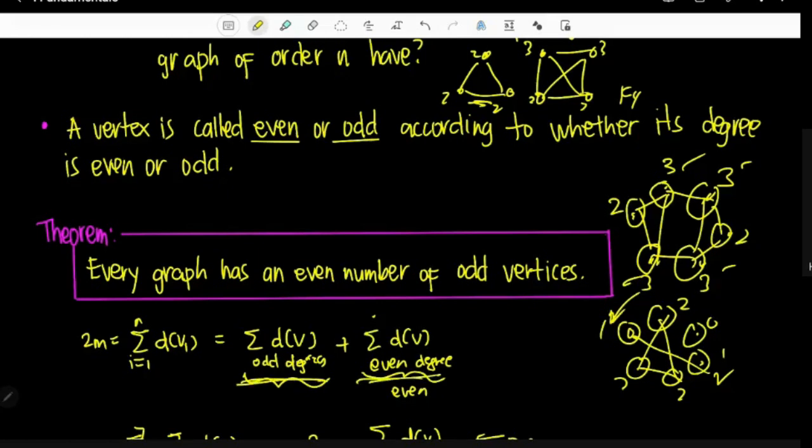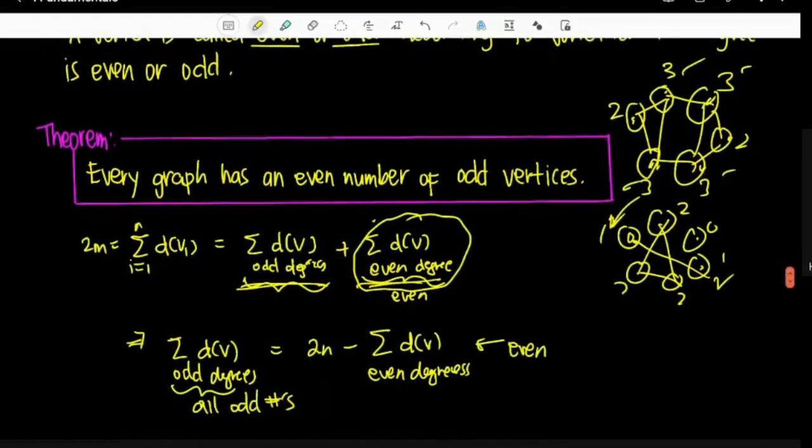Kung titingnan mo to as a number, siyempre, puro even yung ina-add mo, so even number yon. Even number plus even number is even. So, no matter kung ilan man sila, pag inadd ko yung mga number na yon, even pa rin ang lalabas.